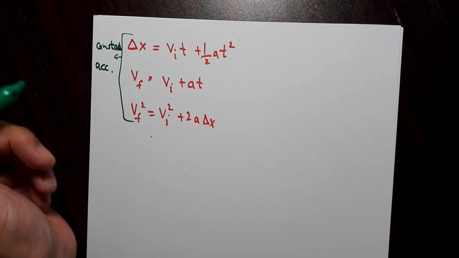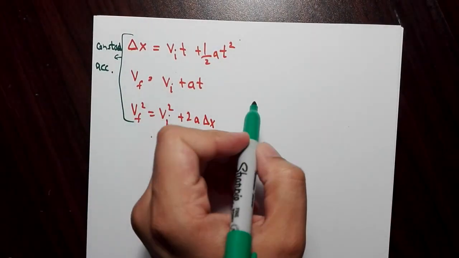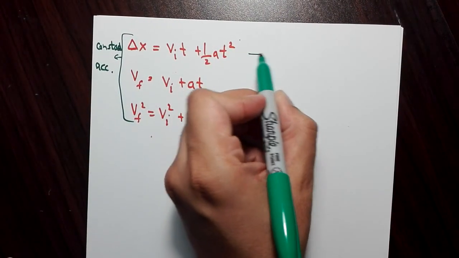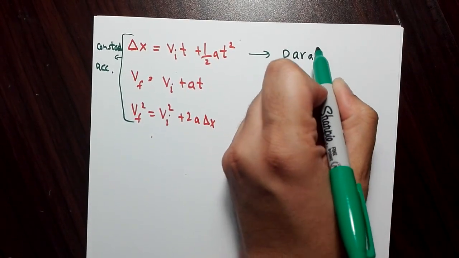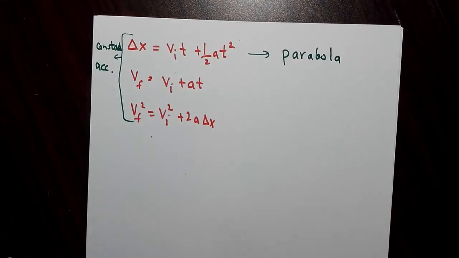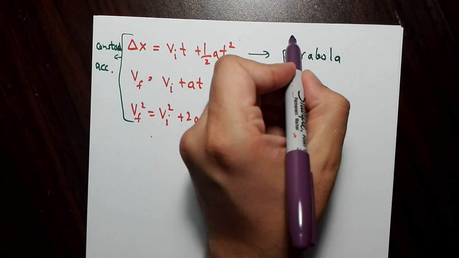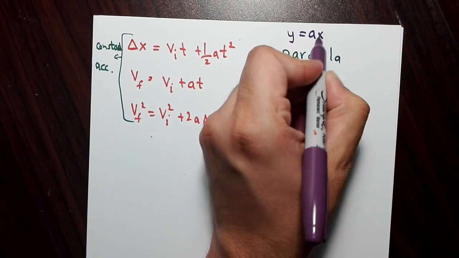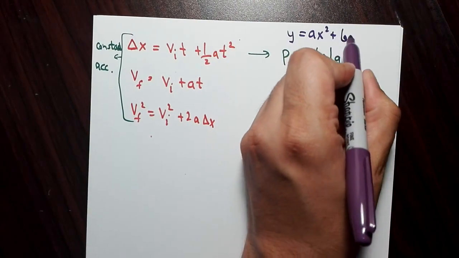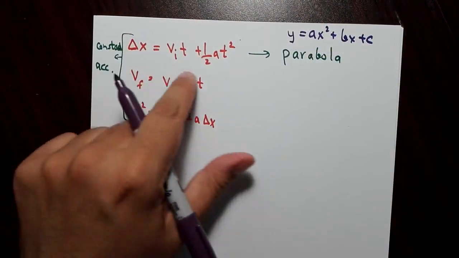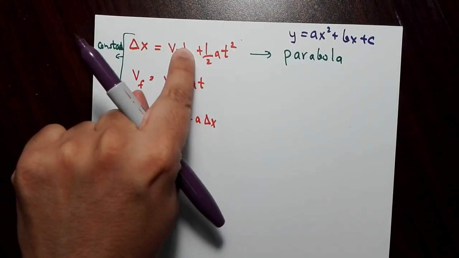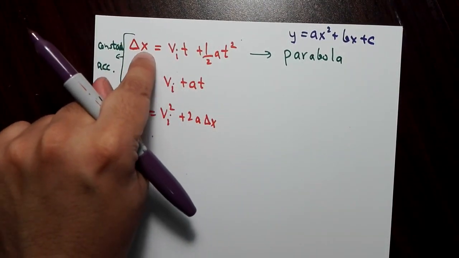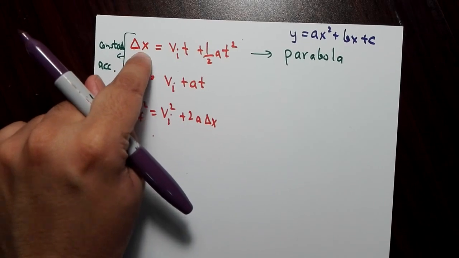Constant acceleration, okay? And you can see that this equation is the equation of a parabola, because a parabola's general equation is y equals ax squared plus bx plus c, right? So this is just like ax squared plus bx plus c, where c is the constant, and this is x minus x naught.